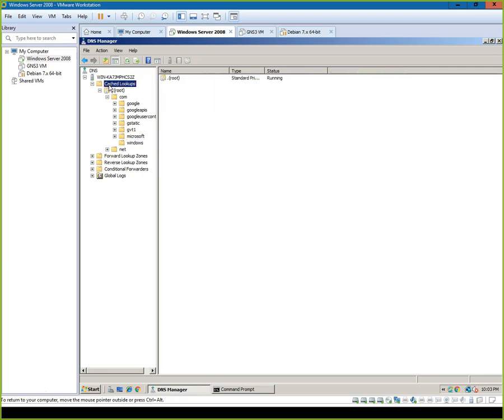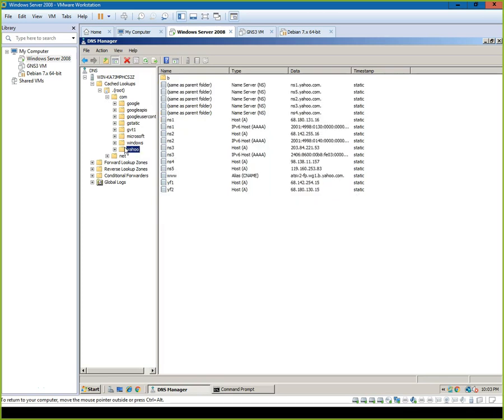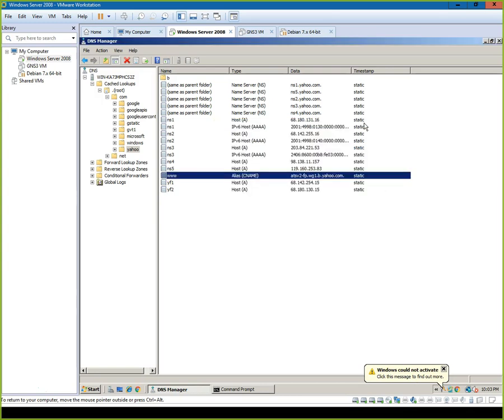Look here. What we have to do then is refresh it, and we'll see if Yahoo came up here. Yeah, here is my www.yahoo.com. When I look in it, it's going to tell me what the address is. And this has got some in it. Oh, this tells me what the alias is.